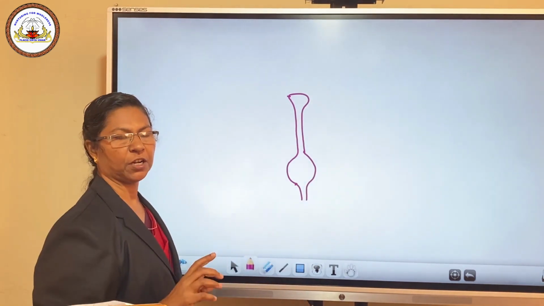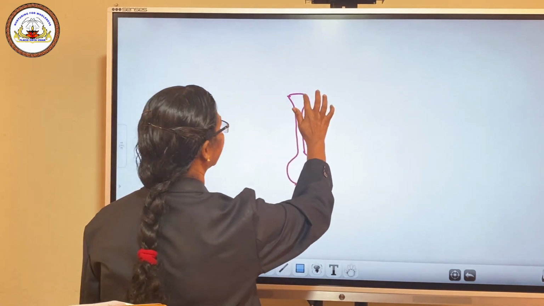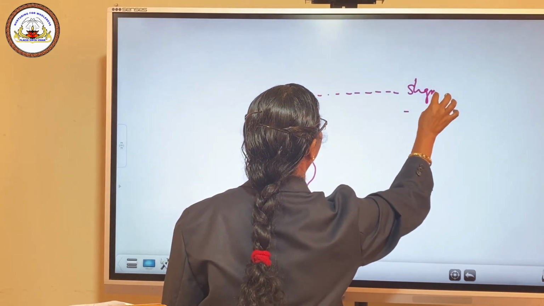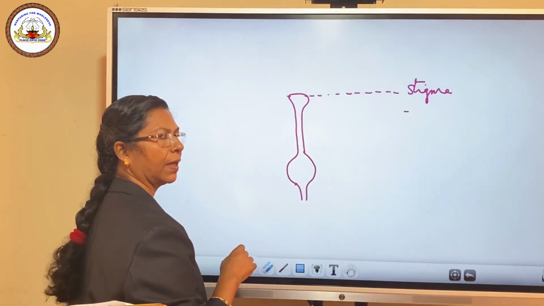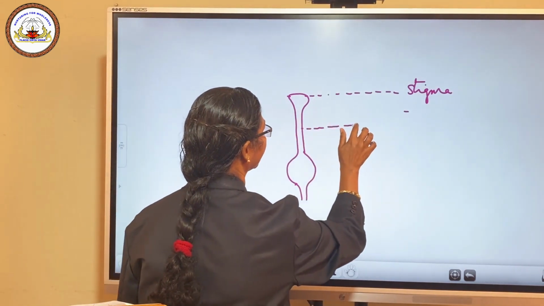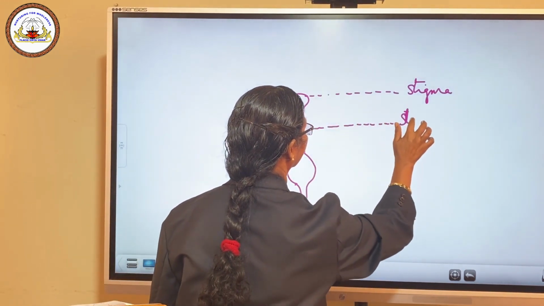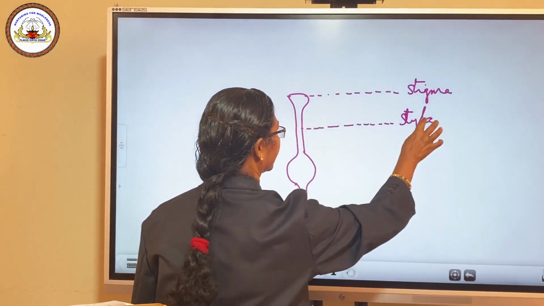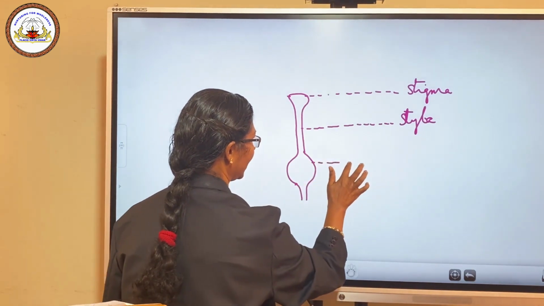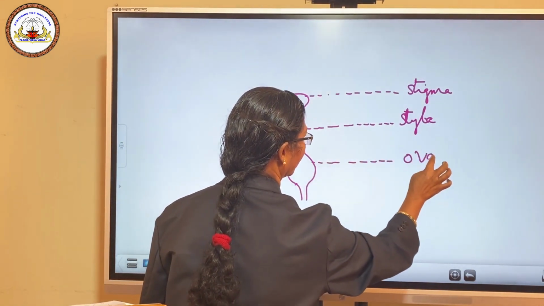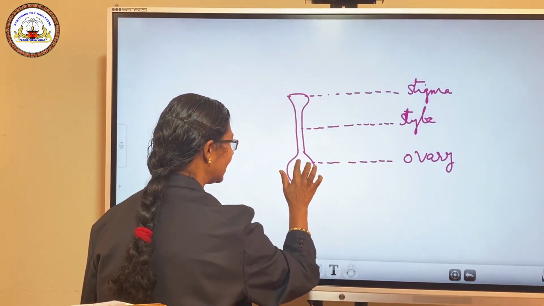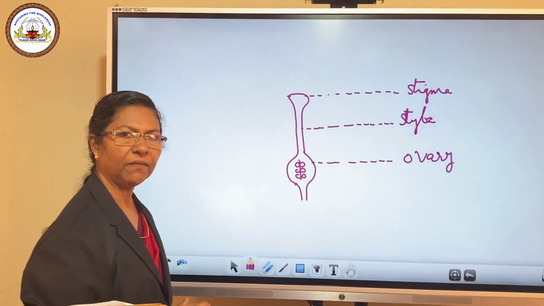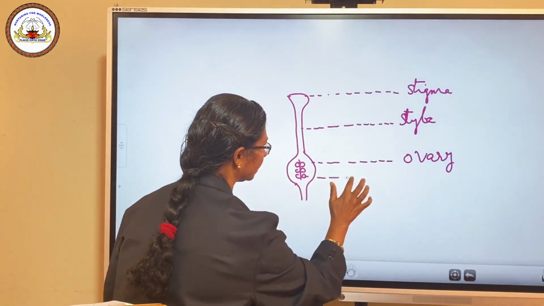This is the innermost part of a flower, and this portion is known as stigma, and this portion is known as style. This is known as ovary, and inside the ovary we can see ovules.